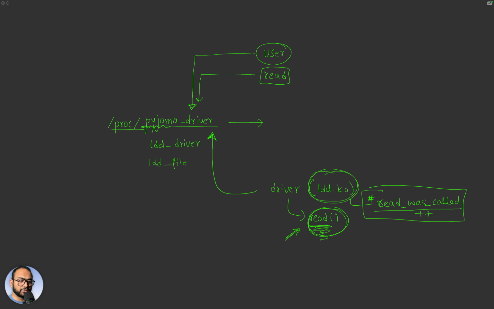And now let me just show you one header file that relates to this. So which I did not answer earlier, which I deferred for later, was how do we go ahead and create a proc file entry?